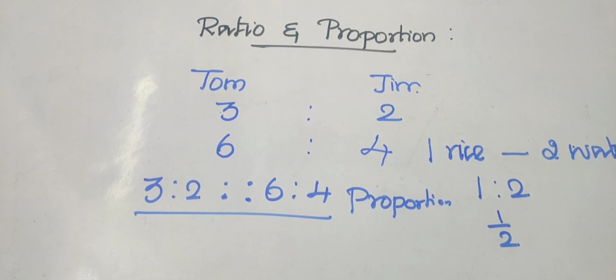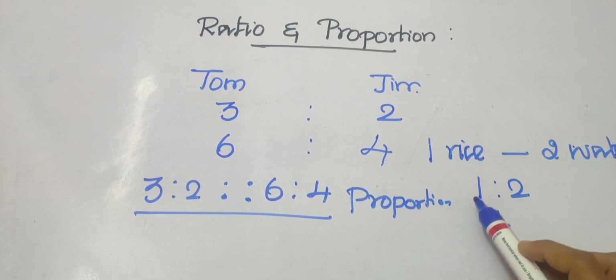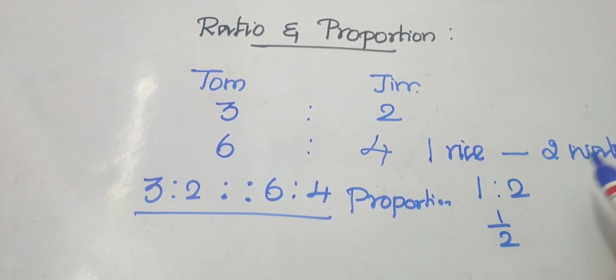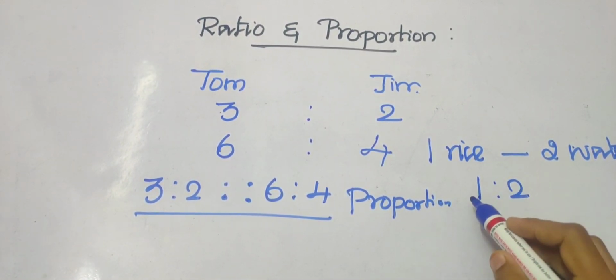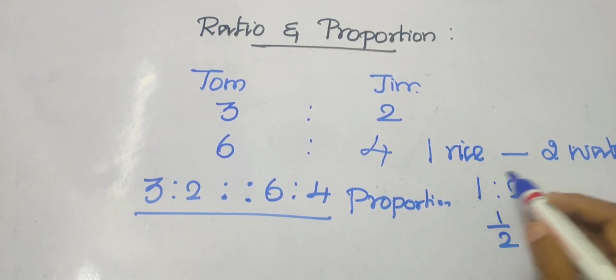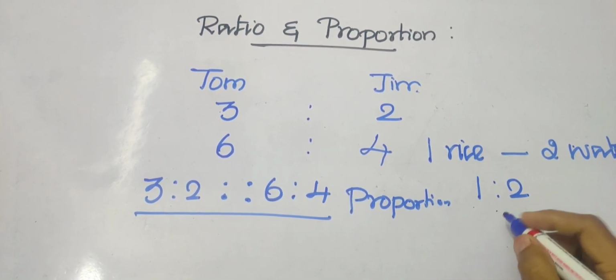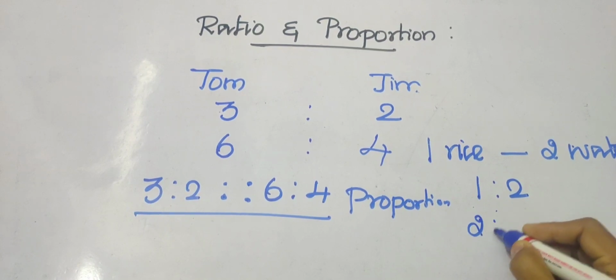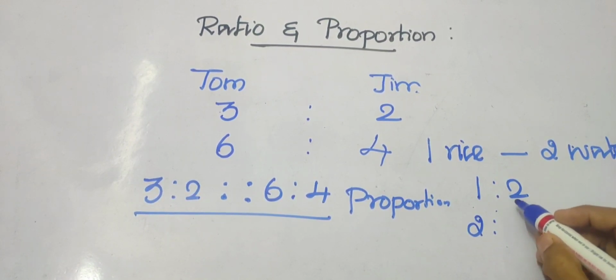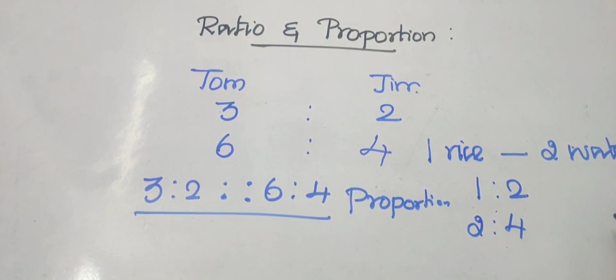So how will you increase that amount? Your mother had said if you are taking 1 cup of rice, you need to pour 2 cups of water. So how will you increase this ratio? If you are taking 2 cups of rice, you need to pour 4 cups of water.